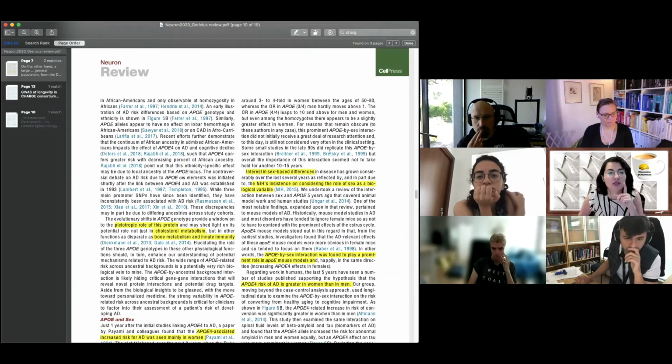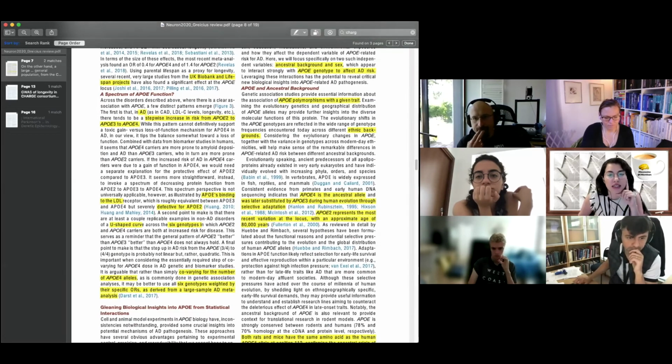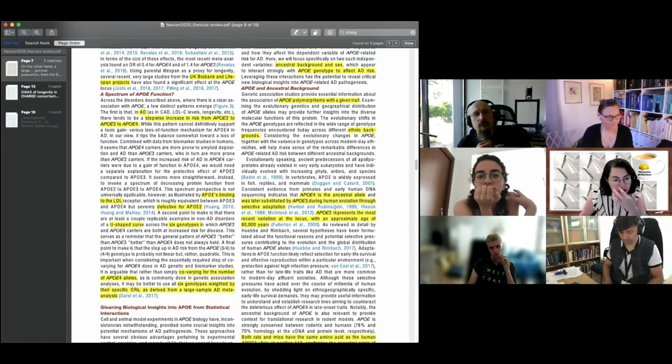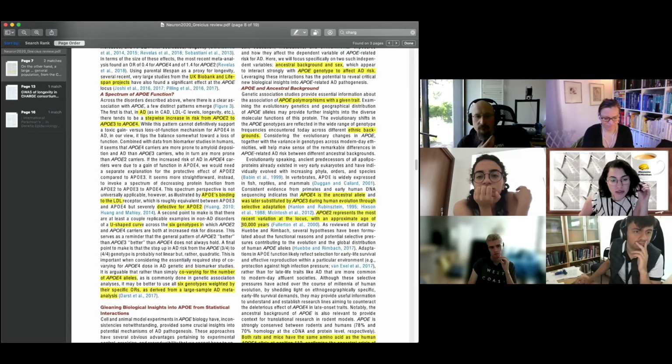Here. The ancestral background, as I was saying, it seems that APOE4 is the oldest variant, and then you have this adaptation, going towards a better variant, APOE2, which is estimated to be 80,000 years old as a variant.